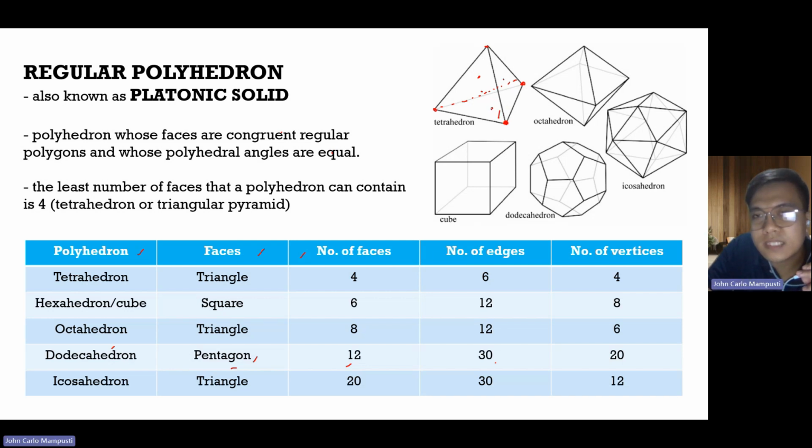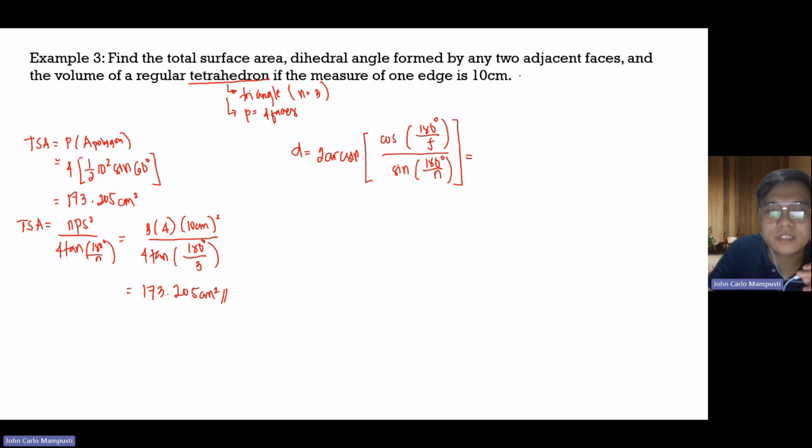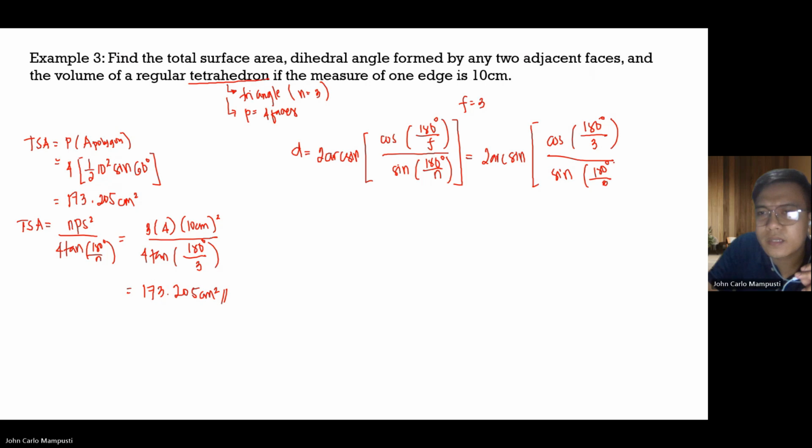Yung two adjacent side natin, 2 face. So, ibig sabihin, F is equal to 3. So, 2 arc sine cosine 180 degrees over F, which is equal to 3, since tetrahedron yan, all over sine 180 degrees over 3.